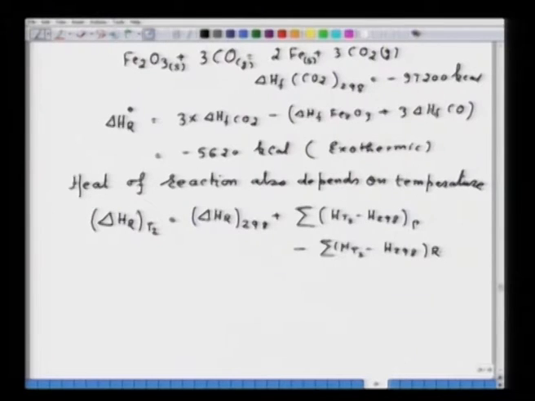That is how you have to find out the heat of reaction at any temperature.